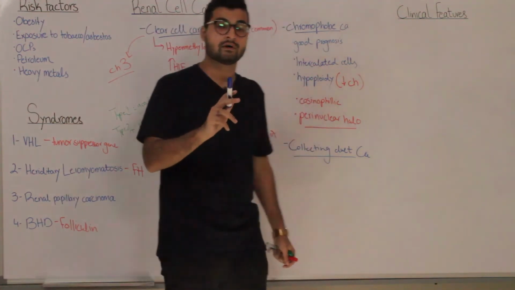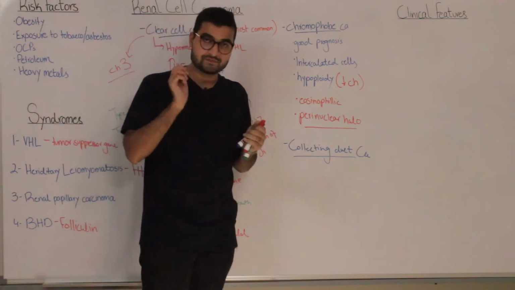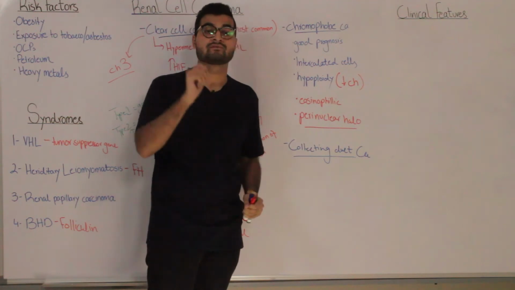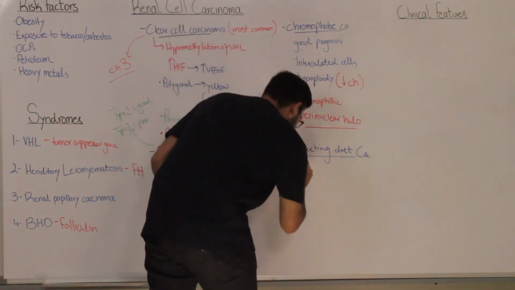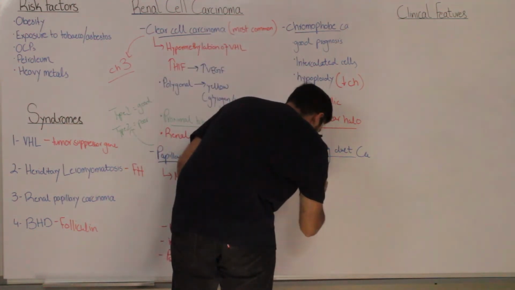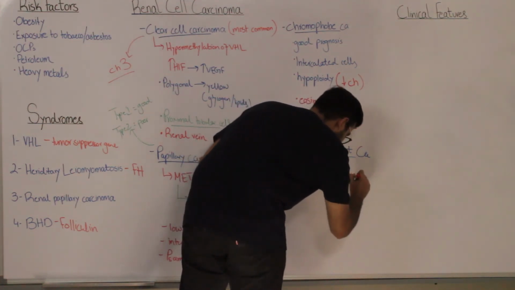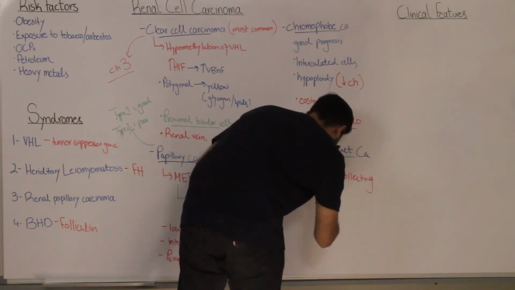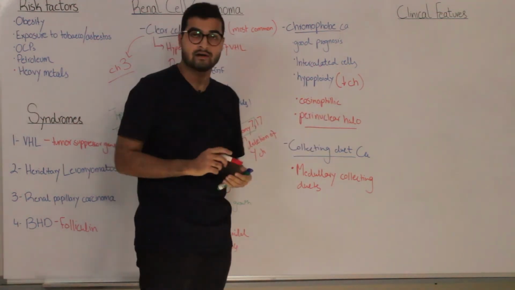Birt-Hogg-Dube syndrome. So in collecting duct carcinomas, which part of the kidney is involved? The collecting ducts of your medulla. So your medullary collecting ducts are what are involved in collecting duct carcinomas.